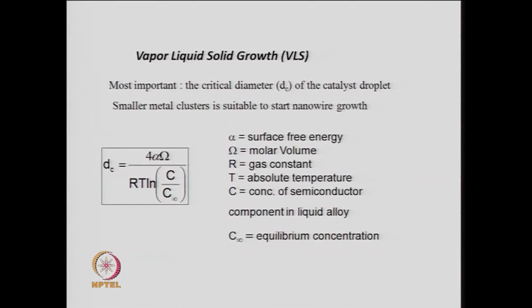So, it is easier to grow nanowires when the diameter of the catalyst droplet is small. This is given by this relation: the critical diameter d c of the catalyst droplet is related to the surface free energy alpha and the molar volume. So, it is directly related to this surface free energy.